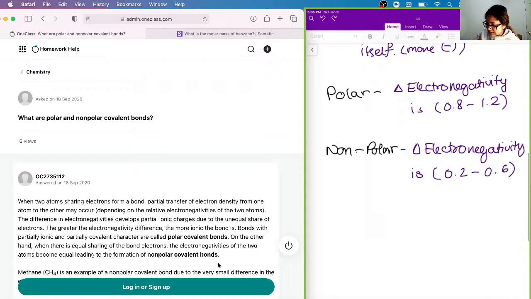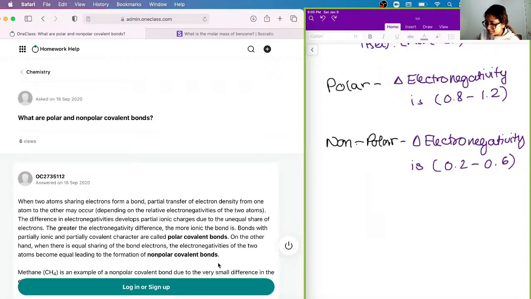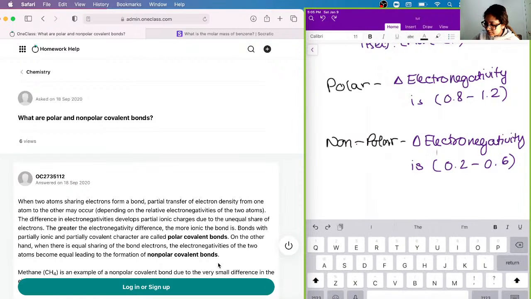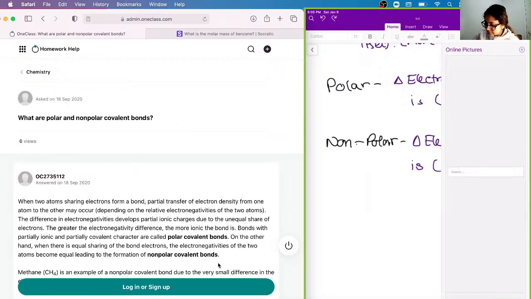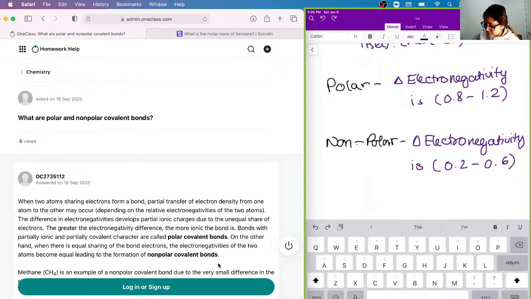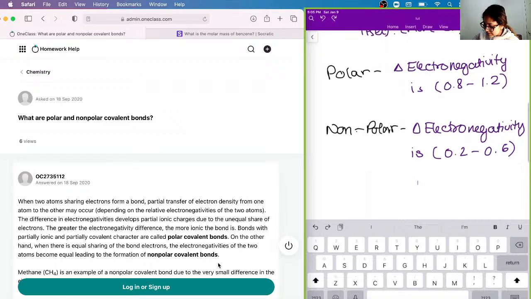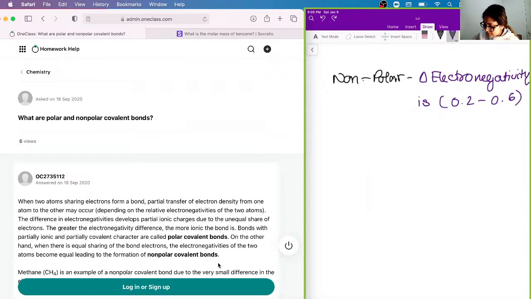Basically, if your electronegativity difference is greater than 1.2, that's called an ionic bond. For example, let's say we have methane, which is shown over here.